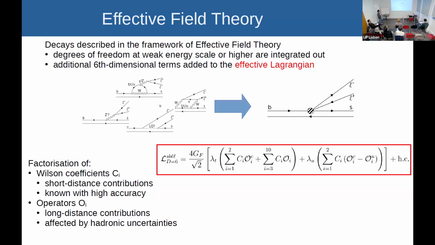And these are where high mass new physics would enter. So we are looking for discrepancies between standard model values and the measured values of these Wilson coefficients. And on the other side, the operator, O, encodes the long distance contributions, and we will see later that it can be affected by uncertainties on the hadronic form factors.